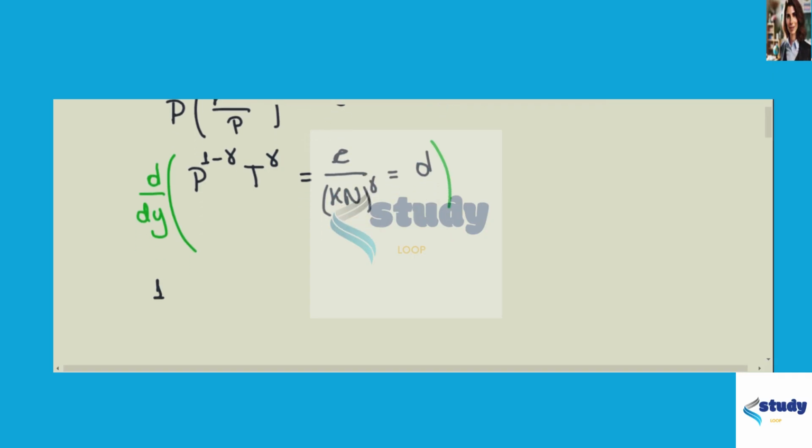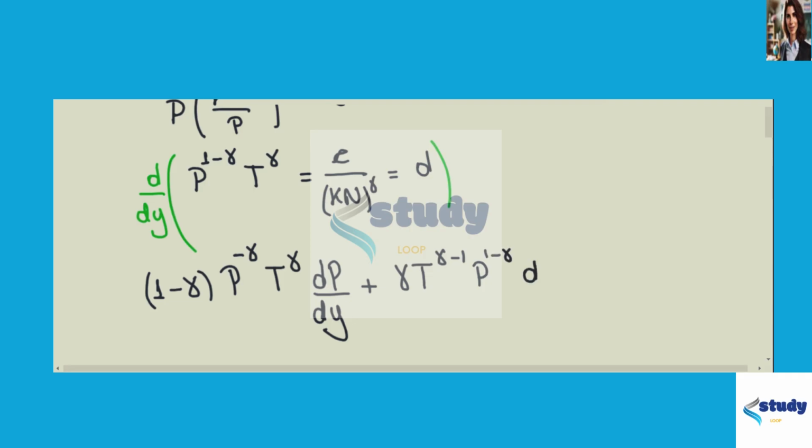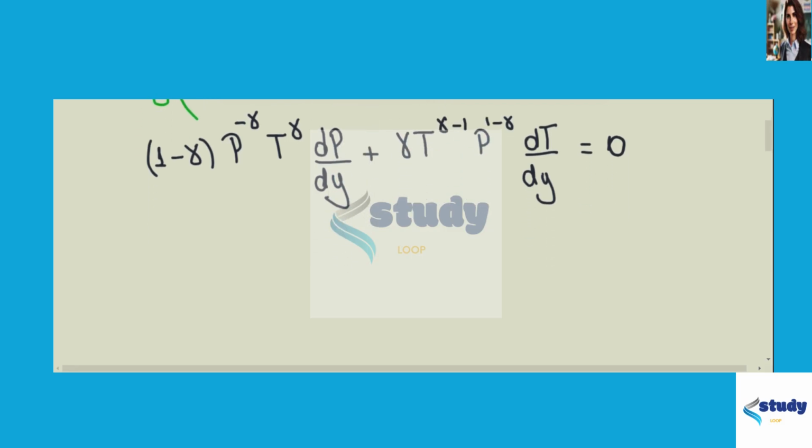The left-hand side is (1 minus gamma) times P to the minus gamma times T to the gamma times the derivative of P with respect to y, I'm using the multiplication rule, plus gamma times T to the gamma minus 1 times P to the 1 minus gamma times the derivative of T with respect to y, and this is equal to 0 because the right-hand side is a constant.